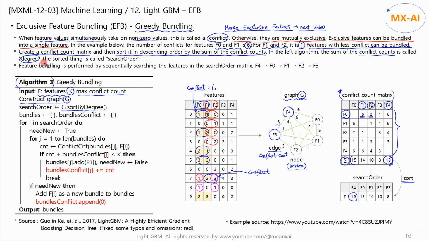This is search order. This is the table at the bottom right. Then, feature bundling is performed by exploring search order one by one. This process will be discussed on the next page. The source of this example is this video by Professor Pilsung Kang in Korea University.